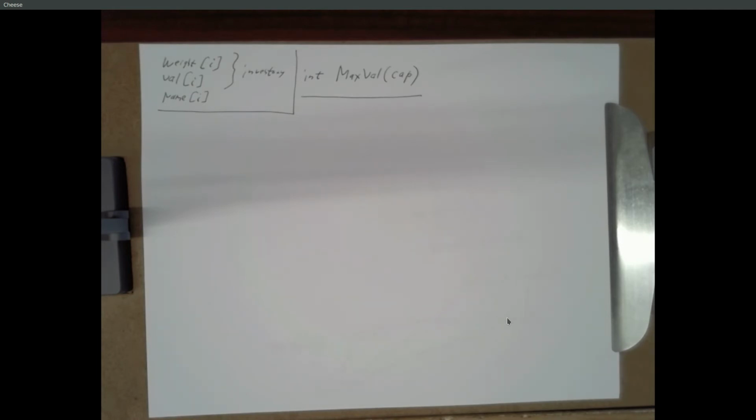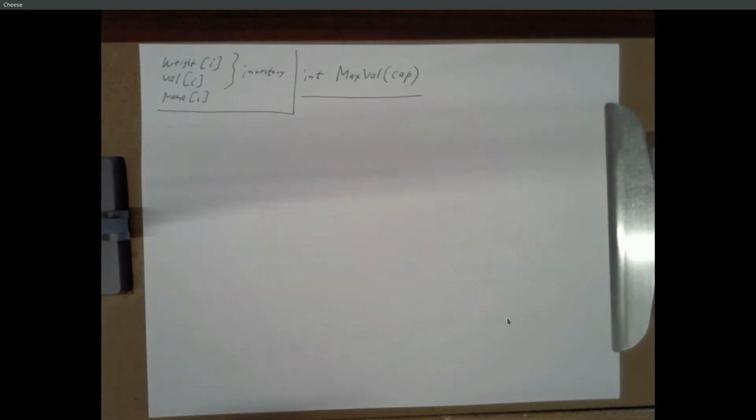Might not be unique, but there's some combination that gets us a MaxVal. That combination has to include at least one of item 0, item 1, item 2, or item 3. If it doesn't include any of those items, we're saying the best you can do is put nothing in your bag. And that's kind of a pathological edge case.